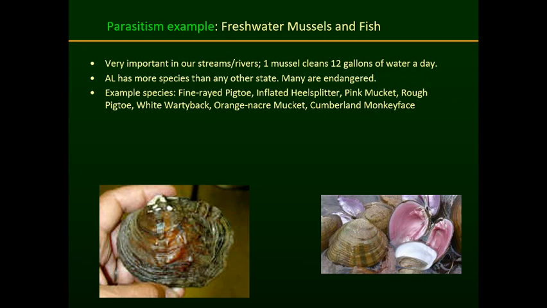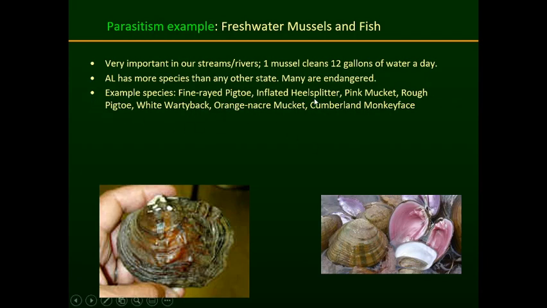Fortunately, a lot of mussel species are very sensitive to changes in the quality of ecosystems, and we have thrashed our streams and rivers here in the southeast and around the world and have lost a lot of mussel species, and many more are endangered. We'll talk more about that when we get further on in the course. I did want to point out that some of these mussels have some great names.